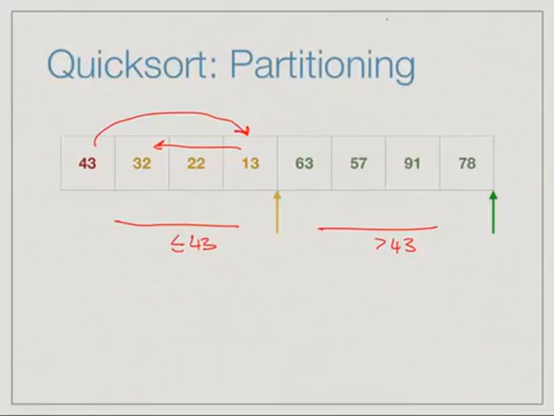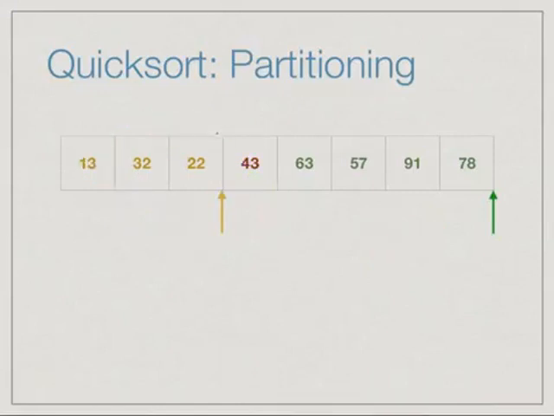But instead, we can just take this 13, the last element in the yellow zone, and replace it there and not shift 32 and 22. So this disturbs the order, but anyway this is unsorted, so it just remains unsorted. So we do this and now we have the array rearranged as we want it. So all of these things to the left are smaller than the pivot. The pivot is in the middle and everything to the right is bigger than the pivot.